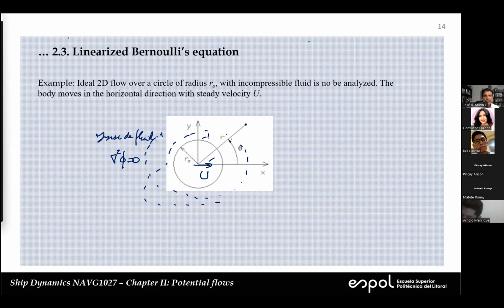Now, the solution for this problem, you can find it in several hydrodynamics books. For example, this solution is found in the book by Newman, okay? So let me write it here because it's something that, I mean, it's very famous book or author.